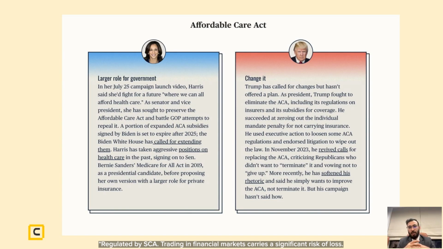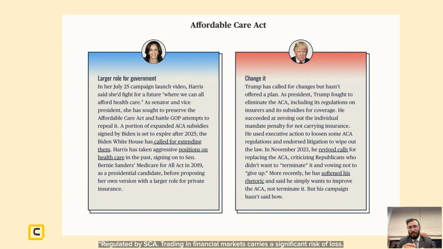Now, Donald Trump wants to change the Affordable Care Act. As president, Donald Trump did fight to eliminate the Affordable Care Act completely, and he did succeed at zeroing out the individual mandate penalty for not carrying insurance. And more recently, he has softened.